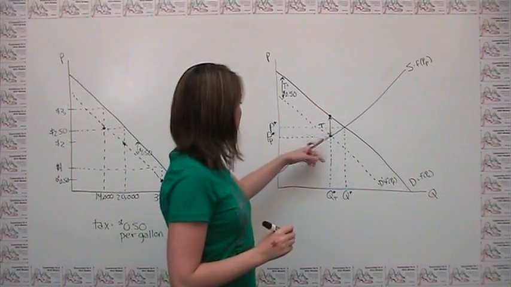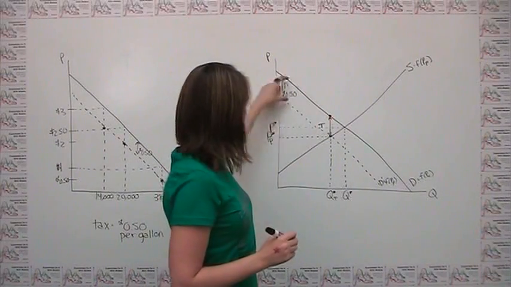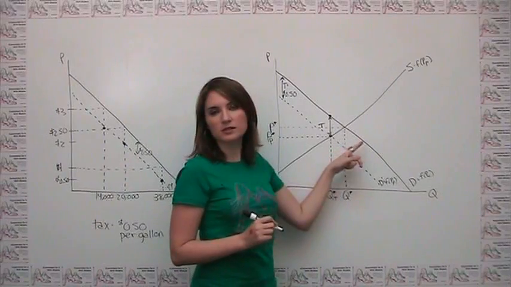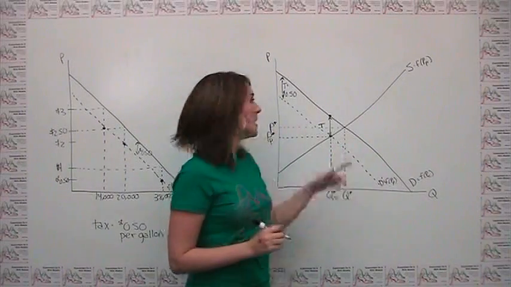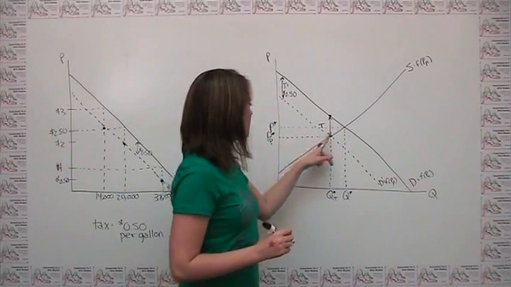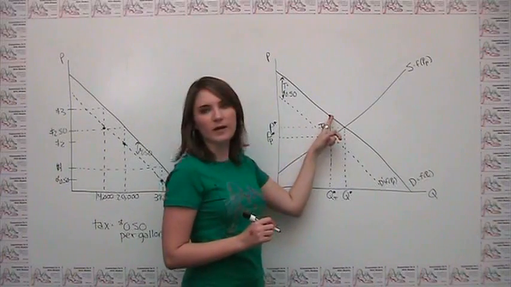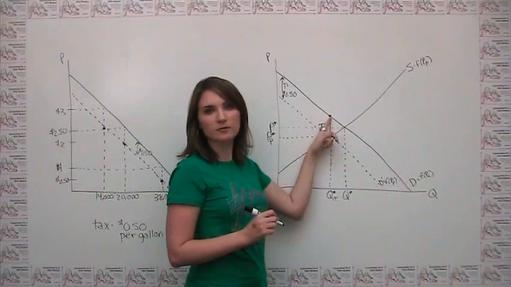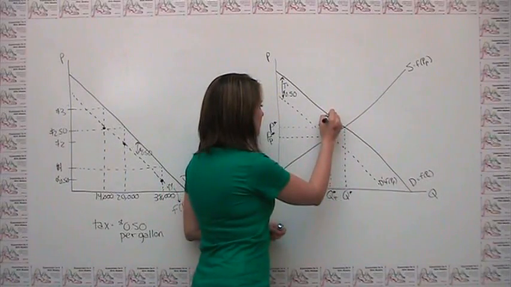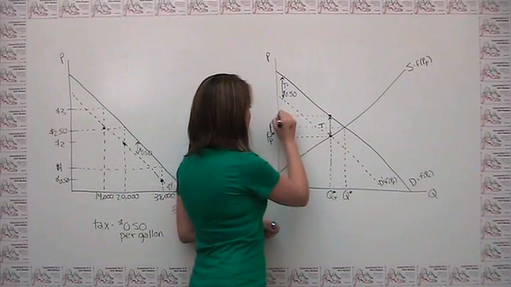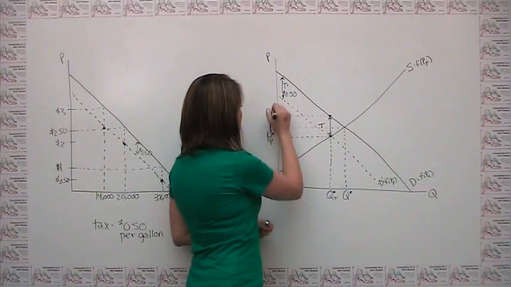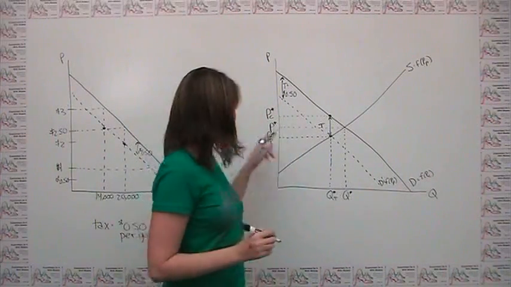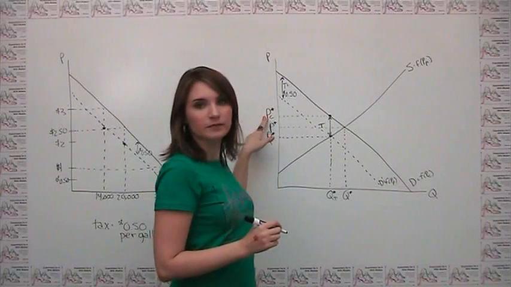And because of the way that we've drawn this, we know that the vertical distance between the effective demand curve and the original demand curve is in fact the amount of the tax. So when we go up vertically by the amount of the tax, we're going to hit the point on our original demand curve. So we can say here that the new price to the consumer, or the new demand price, is at this point here.